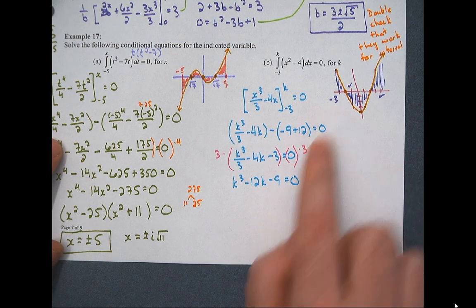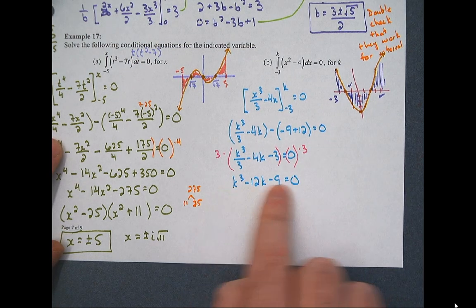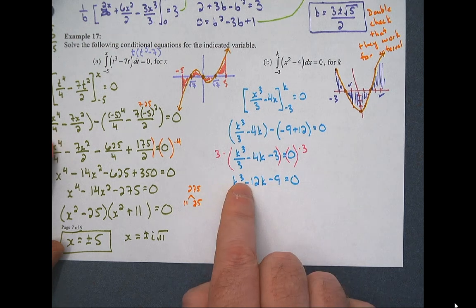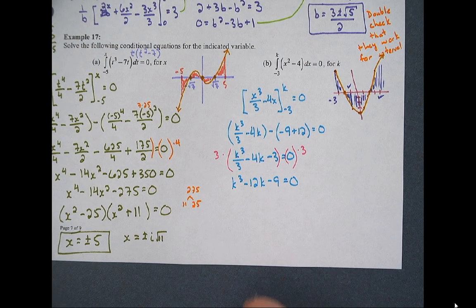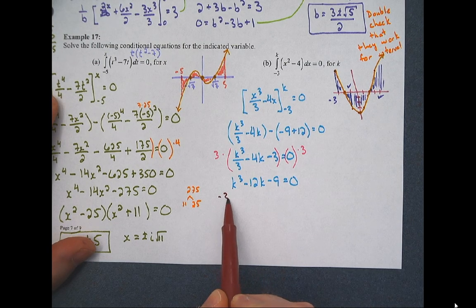So if I know that negative 3 is a 0 of this, or a solution to this, what can we do to find the other ones? Well, we can do our synthetic division, which we haven't done in a long time. So I know negative 3 works.